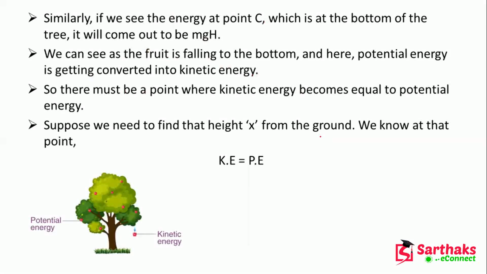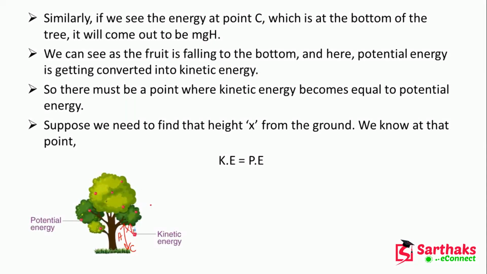Now similarly, if we see the energy at point C, which is at the bottom of the tree, it will come out to be mgh. This is the point where you have the difference x, and this is the total height h. Here the fruit is falling to the bottom, and potential energy is getting converted to kinetic energy.